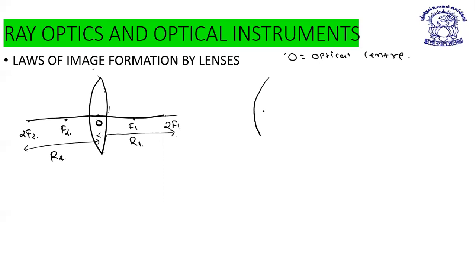Now let us first see the laws of image formation by convex lens. Convex lens converges the light. If light ray is coming parallel to principal axis, then after refraction, it will pass from focus.